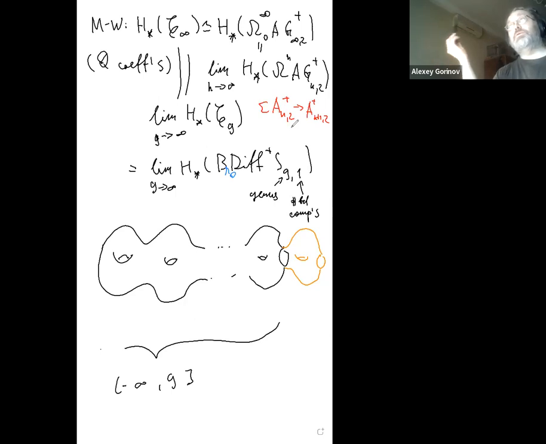Not the universal bundle, the universal quotient bundle on the Grassmannian G N 2. And by the way, 2 is irrelevant here. We may as well consider any dimension. Okay. Do you want me to review this in more detail or not?